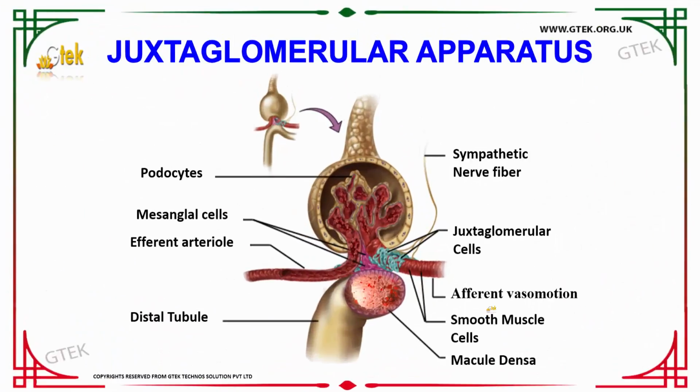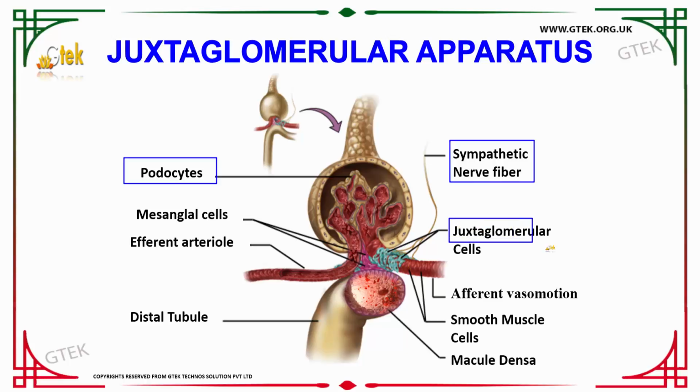Now you can see the juxtaglomerular apparatus. In this, we have the podocytes, which you can find over here, and the sympathetic nerve fiber. Here are your juxtaglomerular cells and mesangial cells.